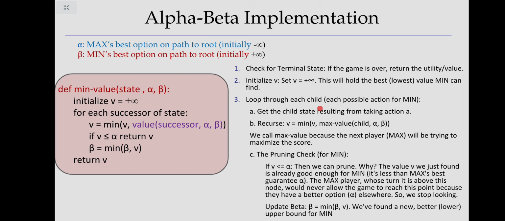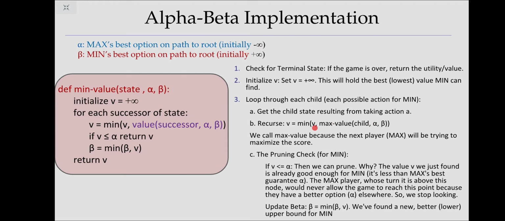The children are max. Because of that, we try to call max value over the children. In the current node, we take the min operator over the current v and the return of the successor. This is the return of the successor, max value, but v is the current value.